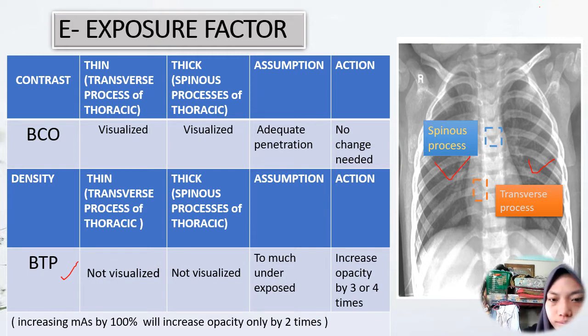So we must increase the opacity by 3 or 4 times. Conclusion, we must increase the mAs by 100%, then it will increase the opacity only by 2 times.